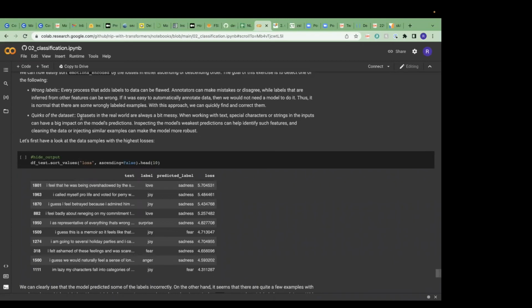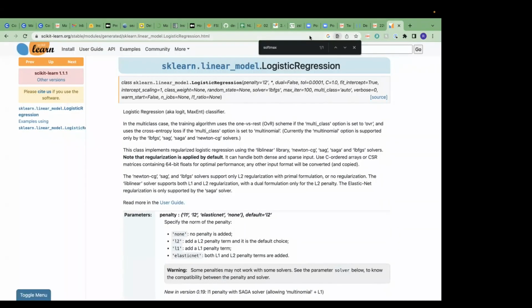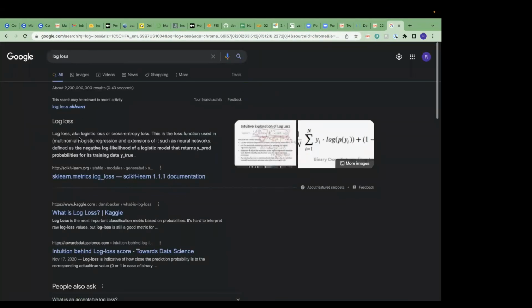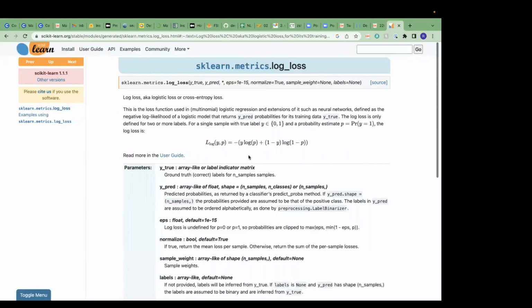I have a general idea of what the loss is. Can someone explain that again for me? In the neural network, where is the loss coming from? So the loss is coming from the softmax loss. I think it's called log loss as well. There are other names for it. Let's see. Yes, I believe this is the loss that's used, this is for binary though.